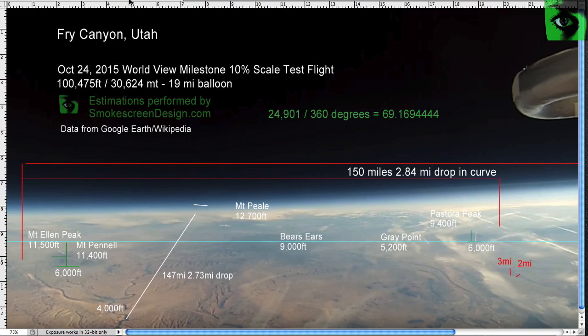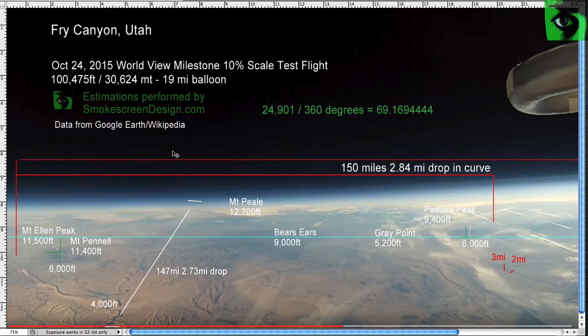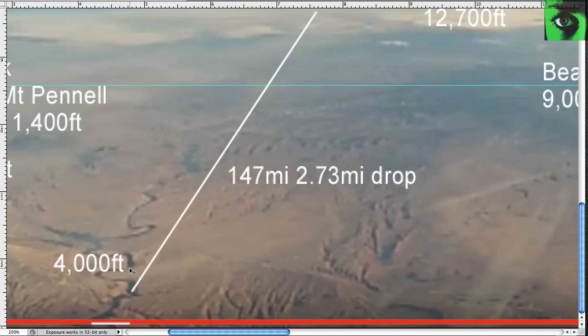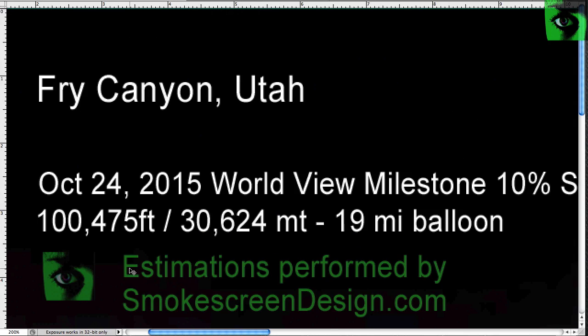Now let's take a look at this one. I worked on this yesterday, or made a video on this, and I wanted to just take this section out, talking about buildings leaning. Let me try to go in further. So this is the Fried Canyon, Utah area.